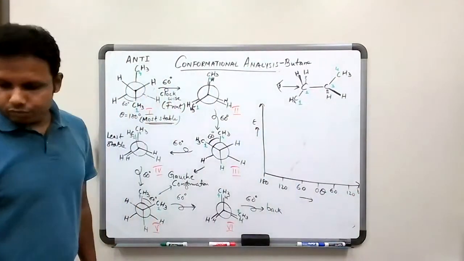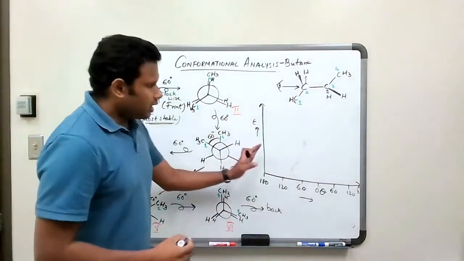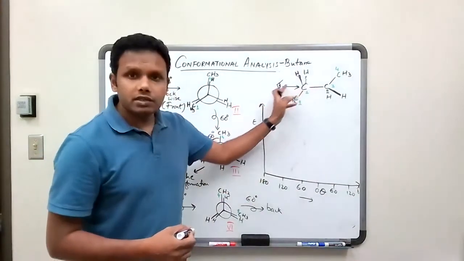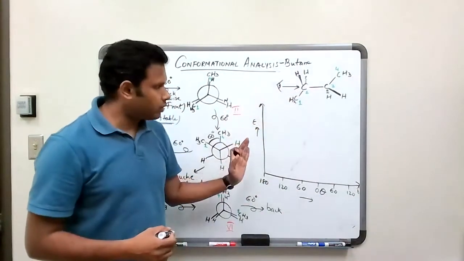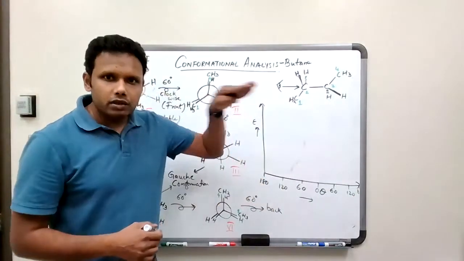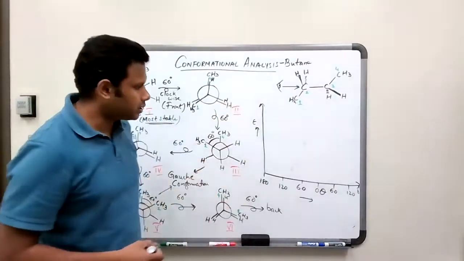So what happens in butane is, as you go through these conformations, unlike propane or ethane or the C1-C3 bond of butane, where it basically goes up hills and valleys, and the hills are all the same height, which means you have the same amount of torsional strain or torsional energy.